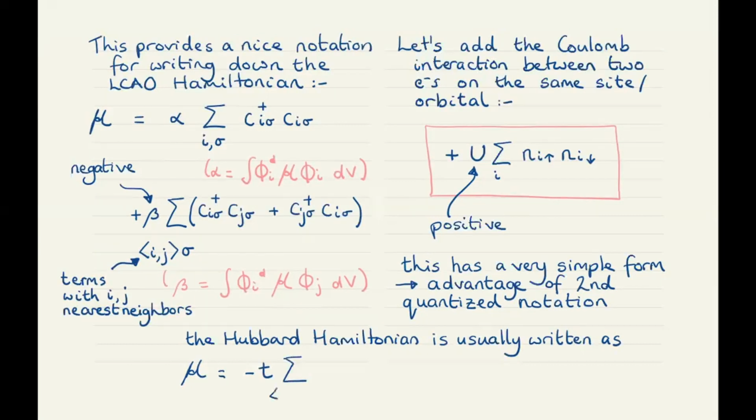Sum over the nearest neighbors and the spins, C sub i sigma dagger, C sub j sigma, plus C sub j sigma dagger, C sub i sigma, plus, exactly as we wrote before, U times the sum over all the sites, n sub i up times n sub i down spin.